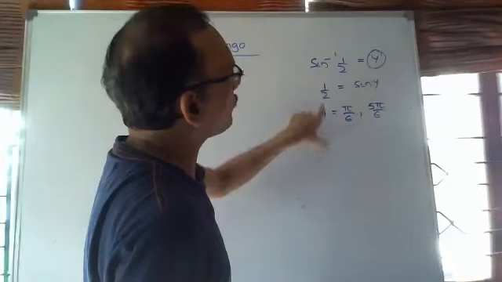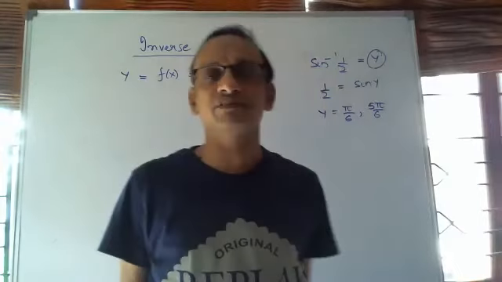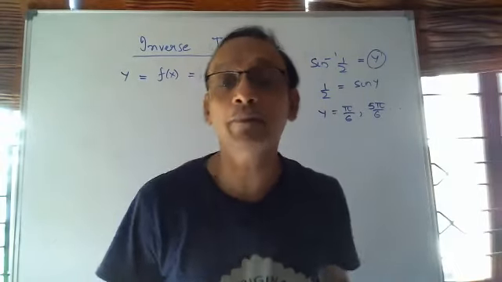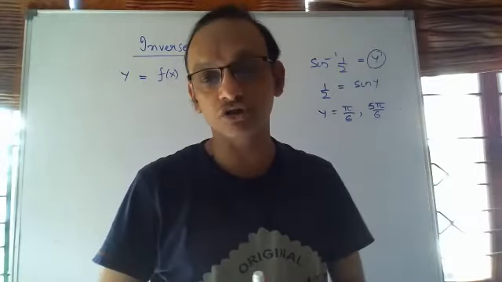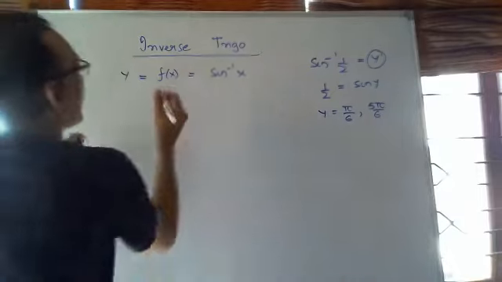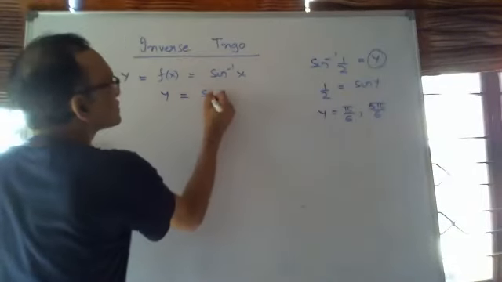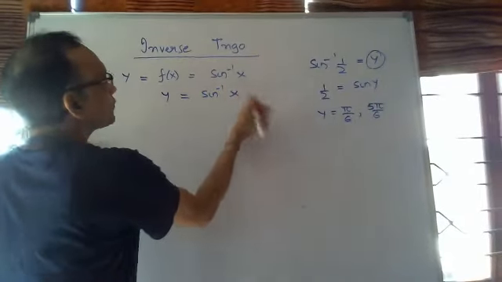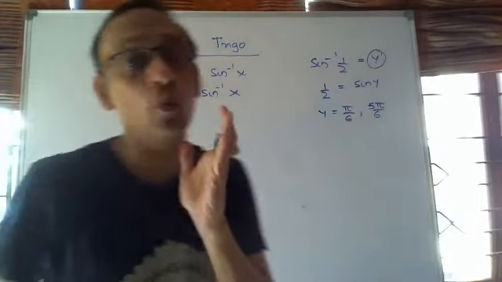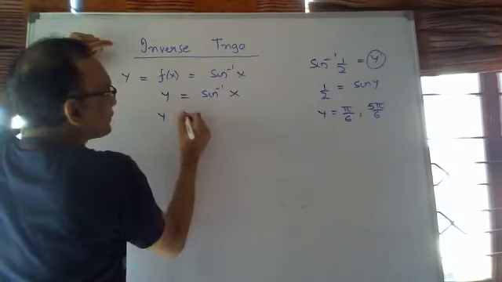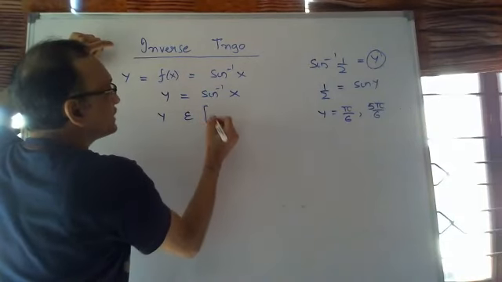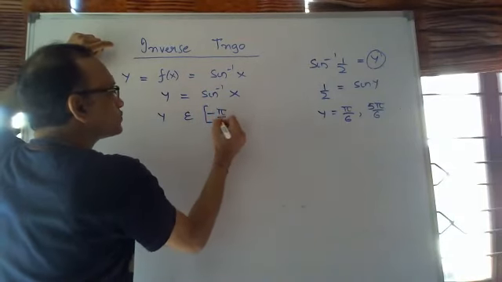The various values of y, that means the various values of sine inverse x, I'm going to clip that interval. I'm going to clip that range. When I say y is sine inverse x, I'll only take values of y belonging to minus pi by 2 to plus pi by 2.